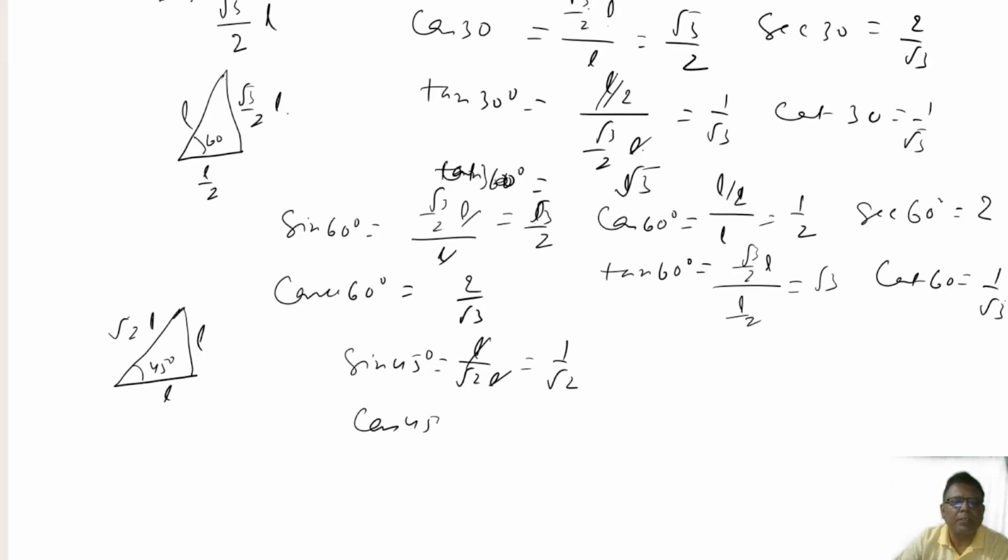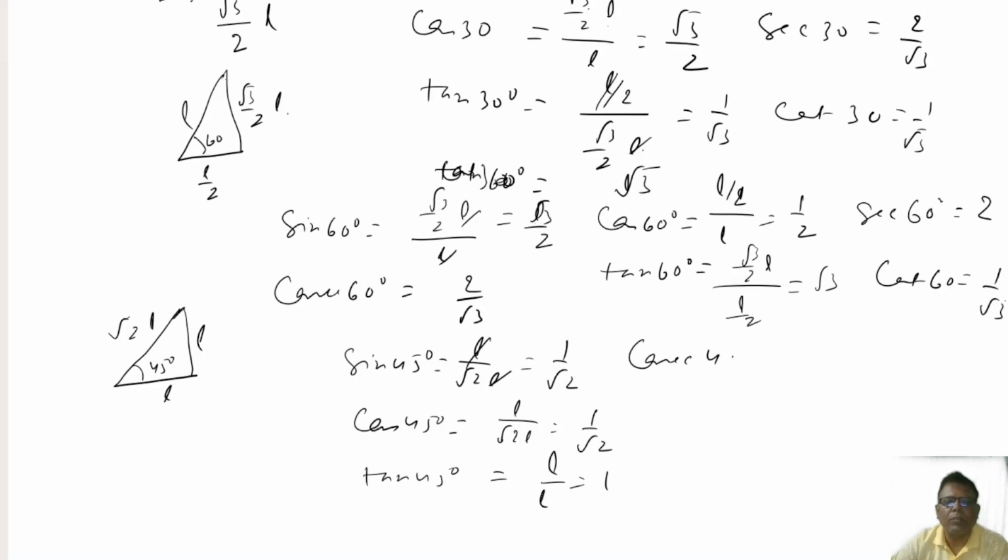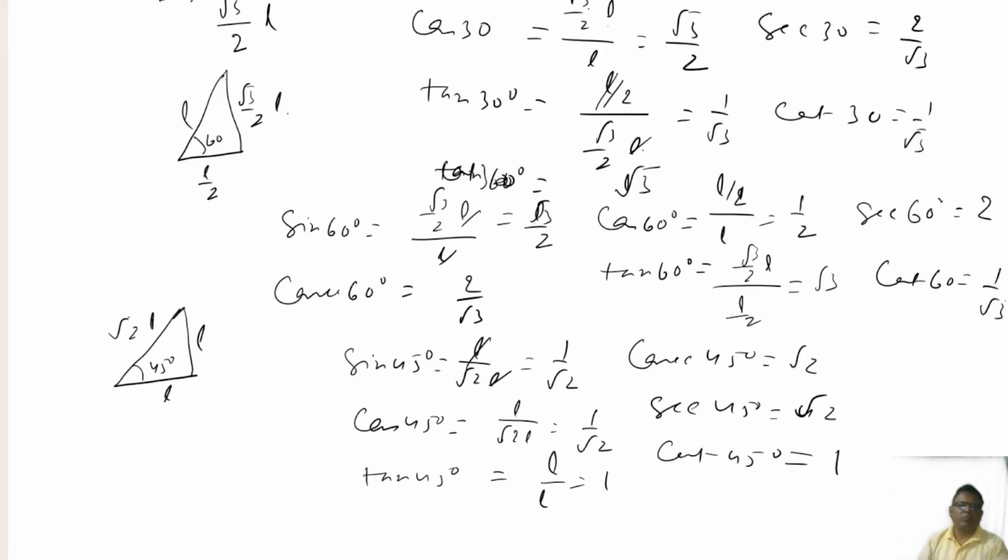Cos 45 degree is also 1 by root 2, L by root 2 L. Tan 45 degree is equal to L by L, that is equal to 1. So cosec 45 degree is equal to root 2. Sec 45 degree is equal to root 2. And cot 45 degree is also equal to 1.